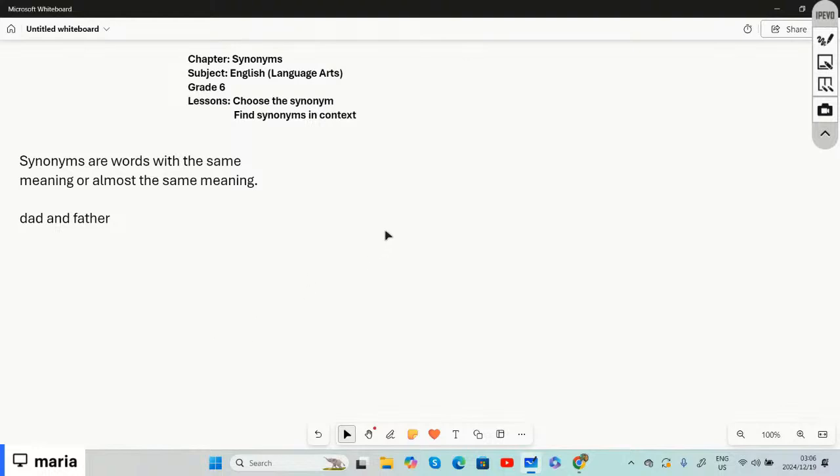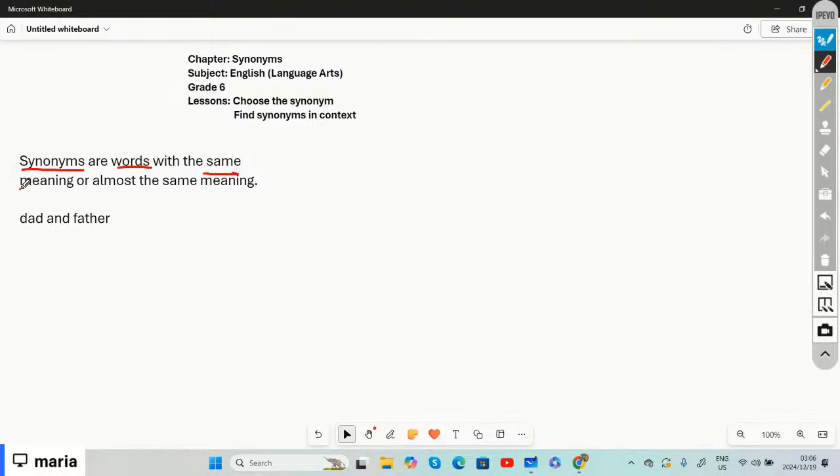When it comes to synonyms, synonyms are words with the same meaning, or words with almost the same meaning.